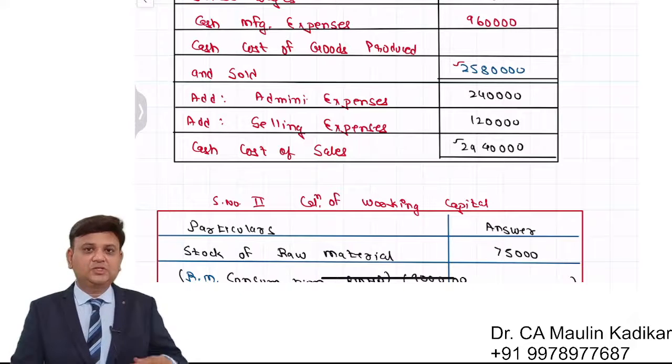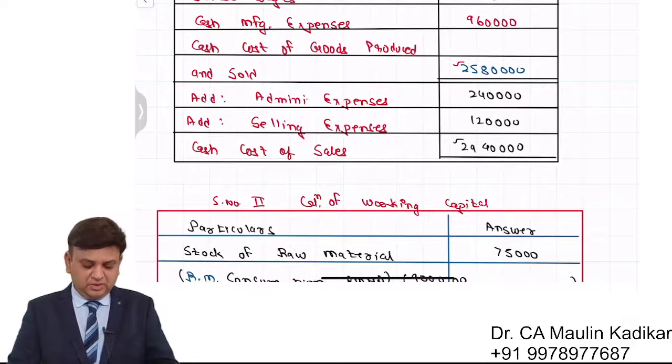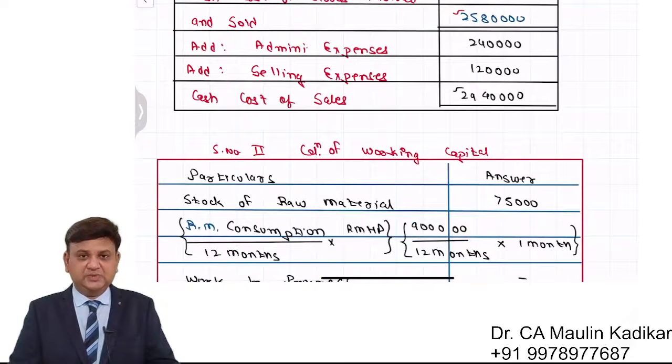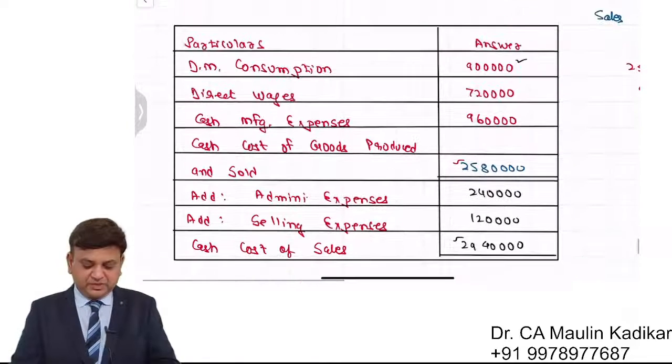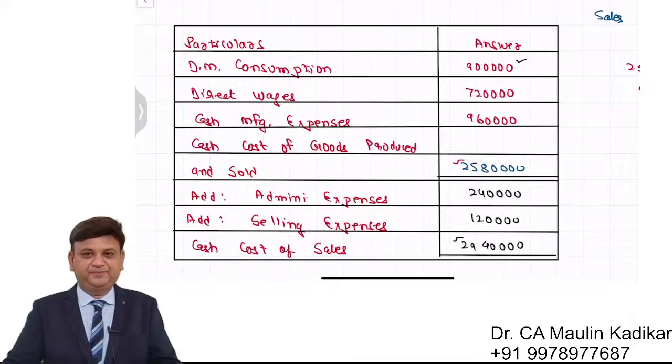That will give us the cost of goods produced and sold, plus administration and selling expenses will give cash cost of the sales. Opening stock and closing stock of the raw material is assumed to be same. Opening stock and closing stock of the finished goods is again assumed to be same. So cost of goods produced and cost of goods sold are same. Material purchase and material consumption would be same.